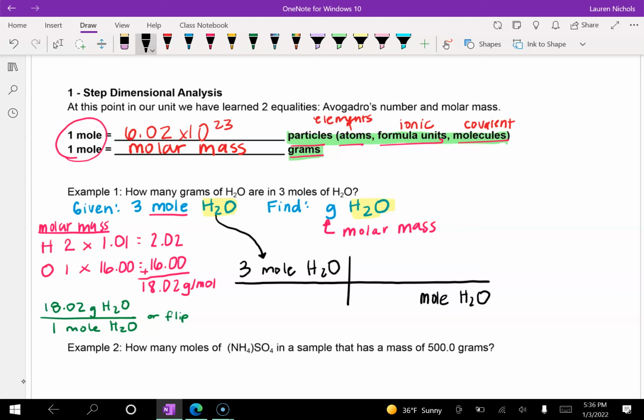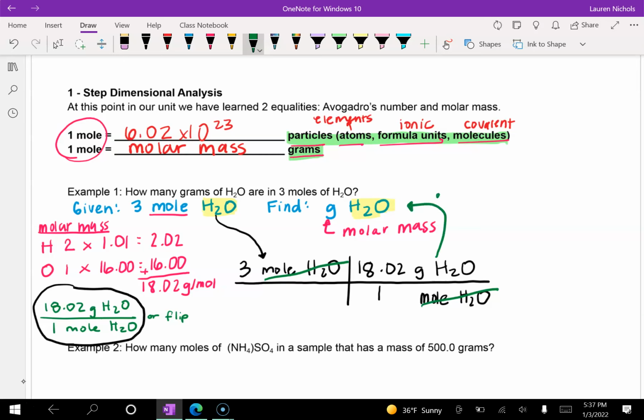And so what we see is that moles of H2O is in the denominator in the original way that we wrote our conversion factor, so that's exactly how we're going to write it here. So we have 18.02 grams of water in the numerator. And what we see is that moles of water will cancel out with moles of water. Grams of water matches what we're trying to find. So we're happy about that, and we can put it in our calculator.